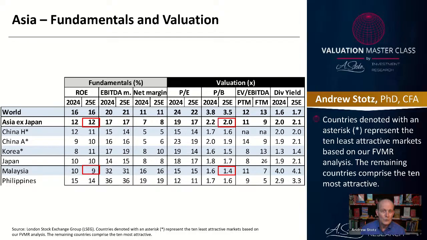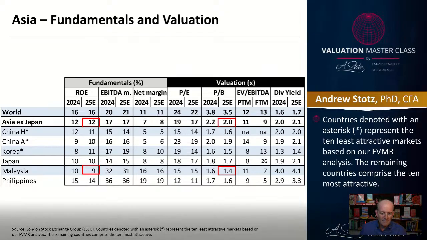So we can see a 2 times price to book versus 3.5 relative to the world. That tells me that Asia is super, super cheap, and ROE is below average. But ROE is not half. And so I think you could argue that maybe Asia's getting cheap enough that it's looking interesting.